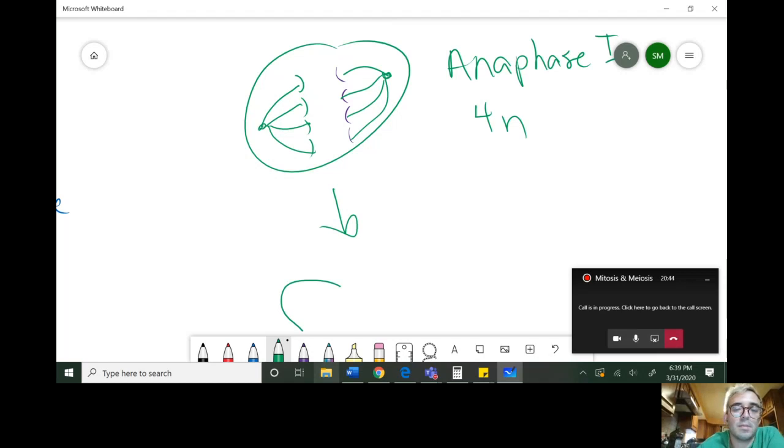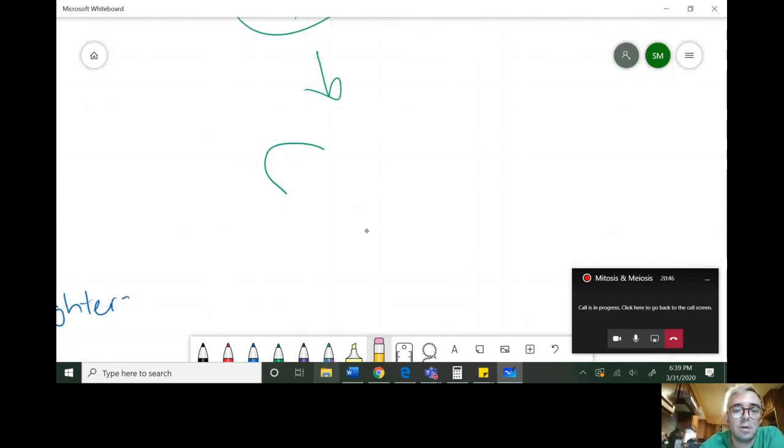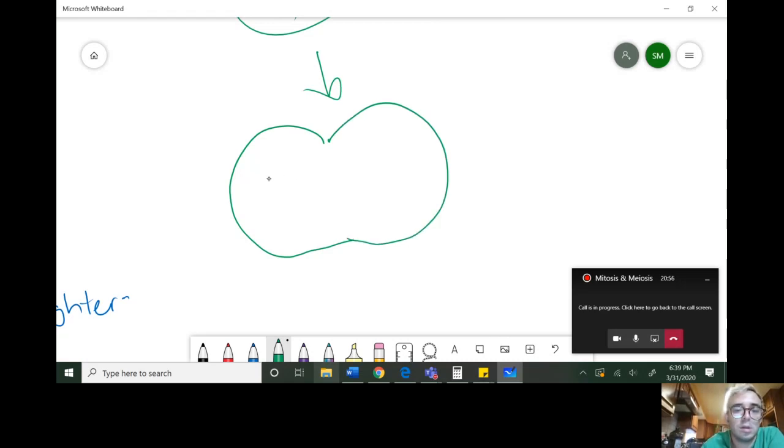Telophase, making our... starting to do our little... is a terrible partial circle. Genetic material, genetic material.